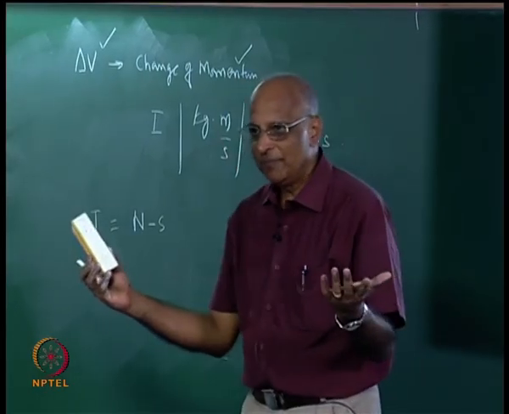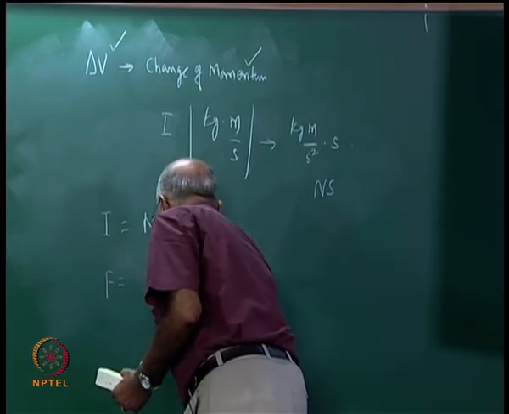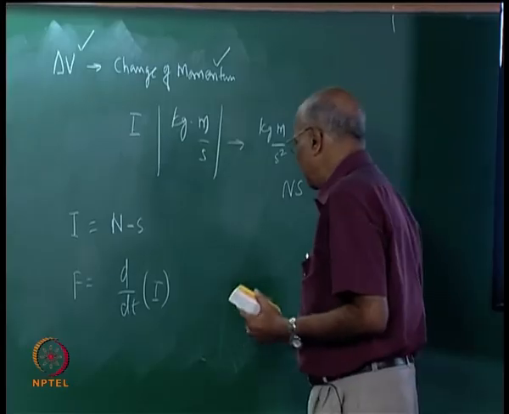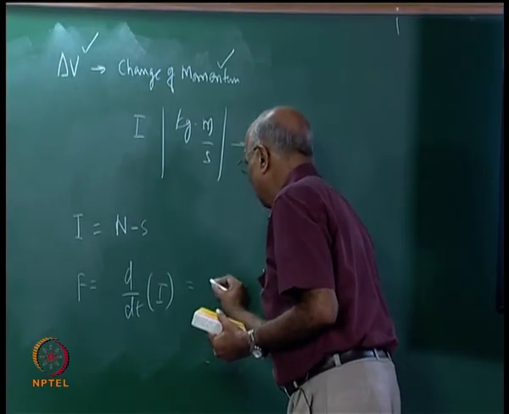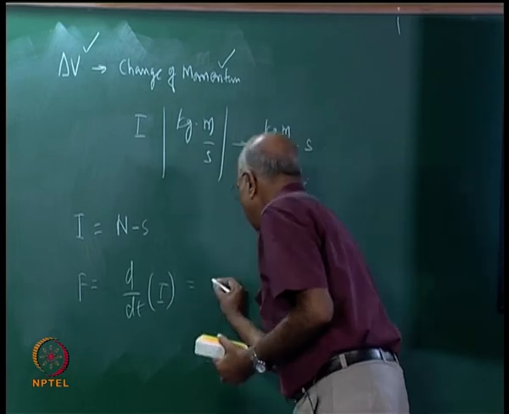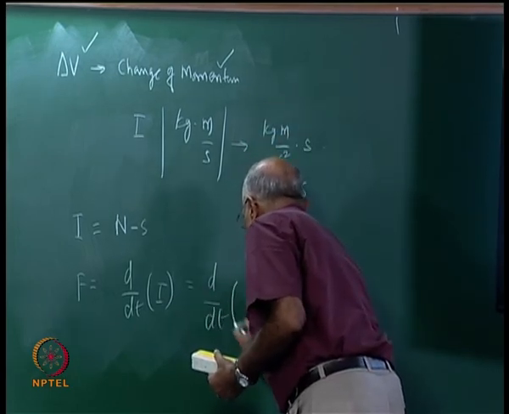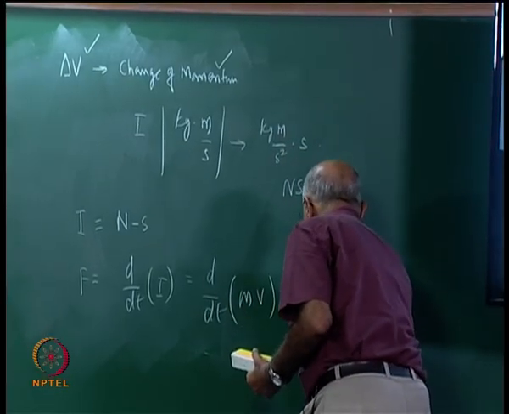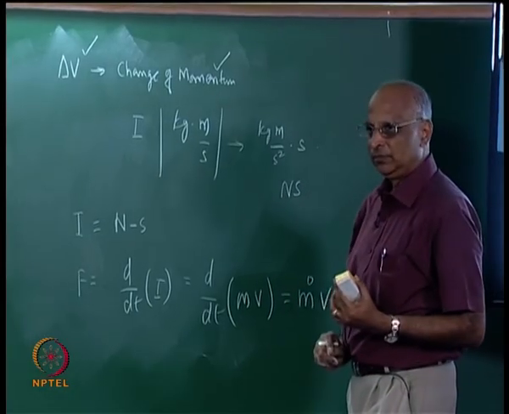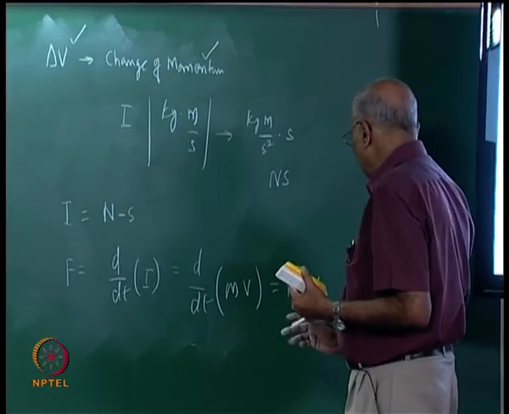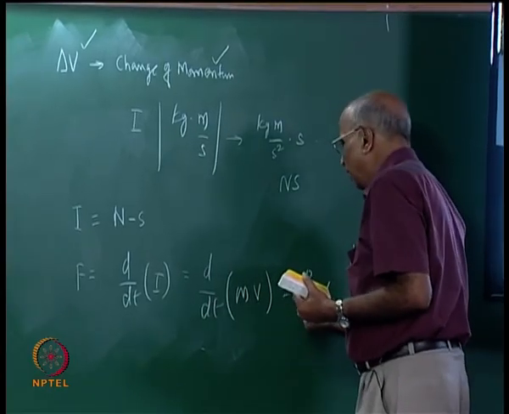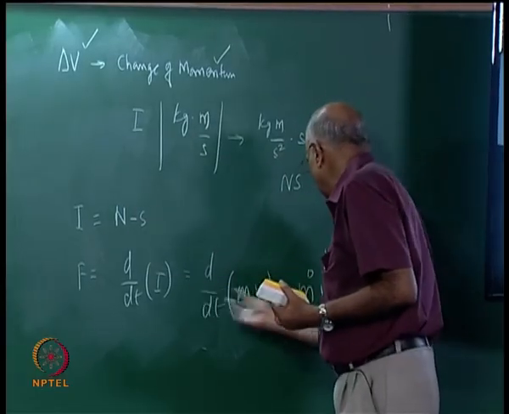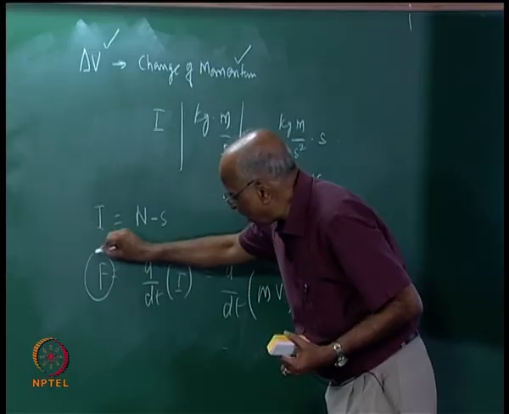Rate of change of momentum, that means d by dt of mv or d by dt of I. That means I get so much force, which is equal to d by dt of mv, which is equal to mass of the thing which is going into V, which is equal to m dot into V. And therefore, I can also write the force is equal to m dot V, or compared to momentum which is equal to mv, I write force is equal to m dot V, and this is the force with which I am pushing the rocket.